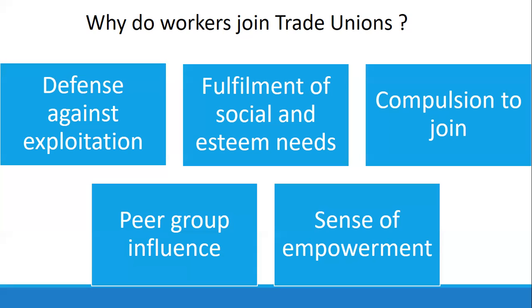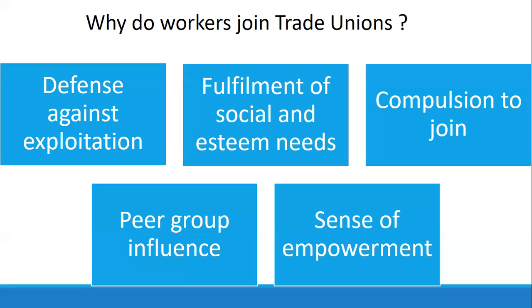Even when the employers are reasonable, fair, and trustworthy, employees may still join trade unions, because when they join, they feel that they are going to get some sort of security, some sort of power, or some sort of strength in dealing with the management or the superiors.